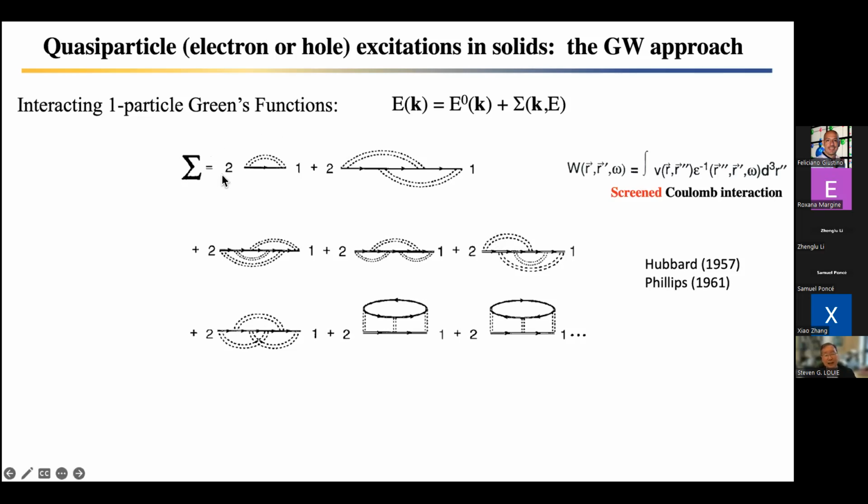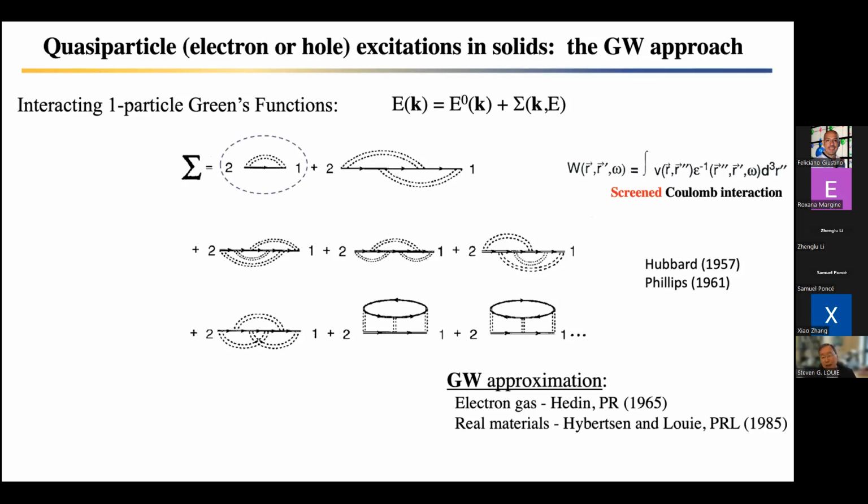It turns out that it's much more efficient to expand this perturbation theory in terms of the screened Coulomb interaction, W. That is the bare Coulomb interaction screened by the dielectric matrix of the system, as opposed to the bare Coulomb interaction, because the screened interaction is much weaker than the bare interaction in general.